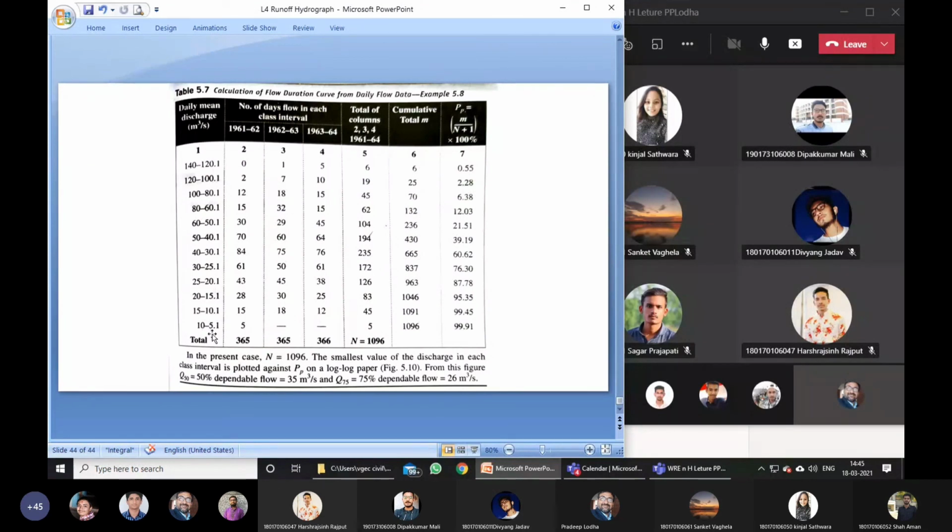Daily mean discharge to 5 days. ओके, सॉरी. अभी हम इसको जो क्यूमुलेटिव टोटल निकाल रहे हैं वो इसका क्यूमुलेटिव है 6 + 19 ये आ गया. फिर पीपी निकाल रहे हैं m/(n+1).